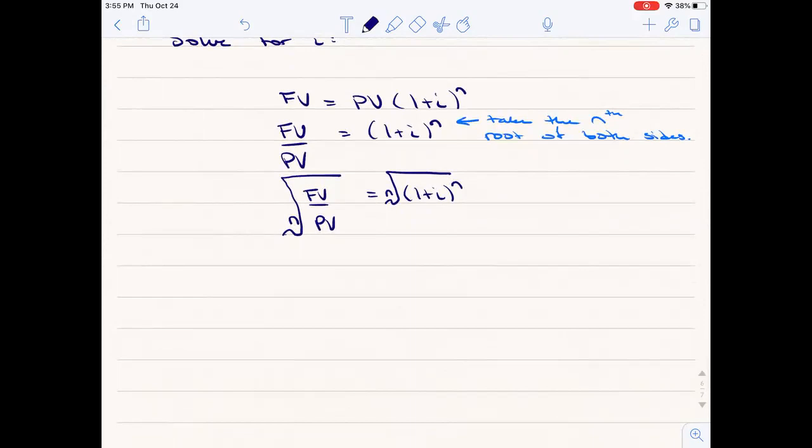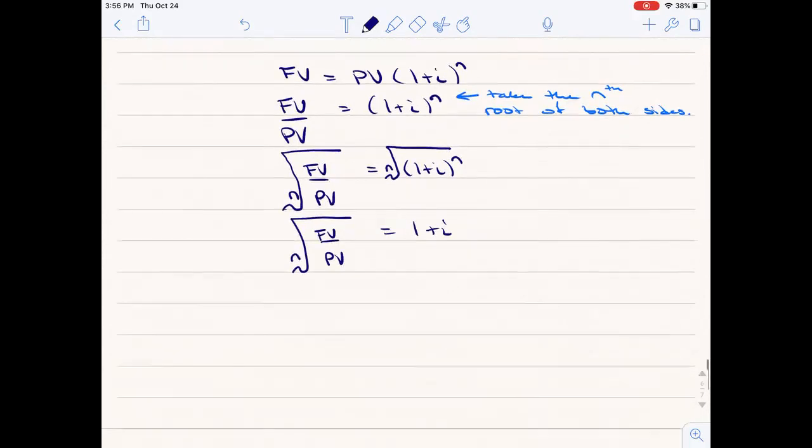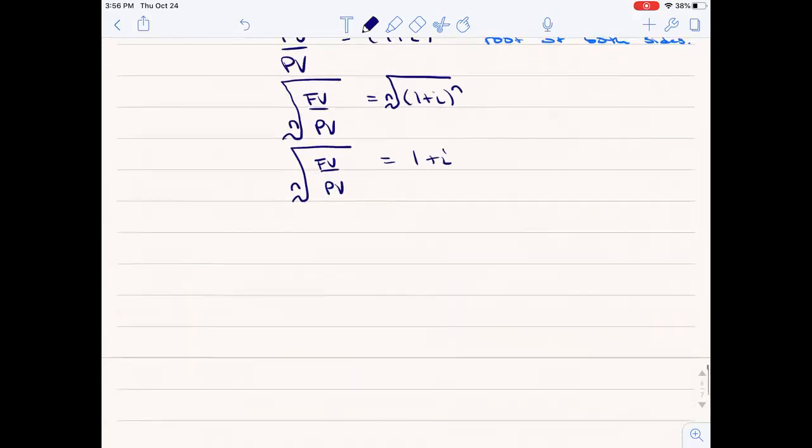And so we get the nth root of the future value over the present value is 1 plus I. I'm going to revolving door this to get I on the other side, but also in that switcheroo, I'm going to subtract 1 from both sides. So I get I is the nth root of the future value over the present value, and then minus 1.